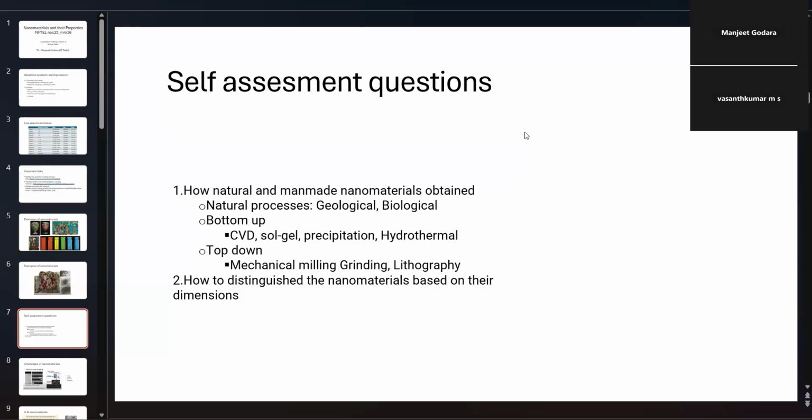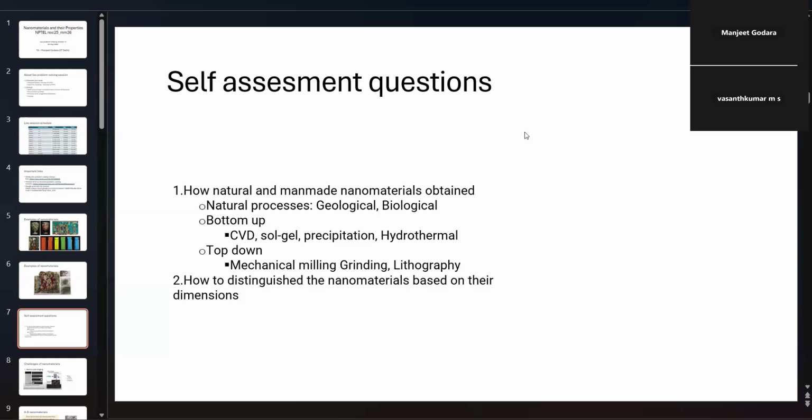Lithography is again where you use electron beam or light to remove material to get nanostructure. CVD, sol gel, these are all chemical methods. CVD is chemical vapor deposition. You have species in gaseous state.